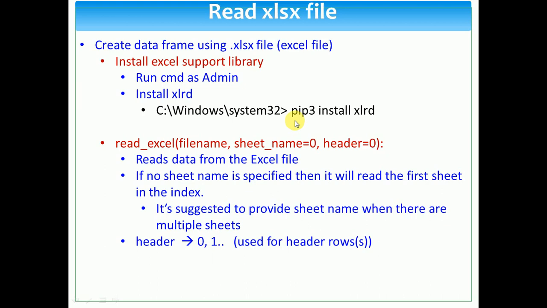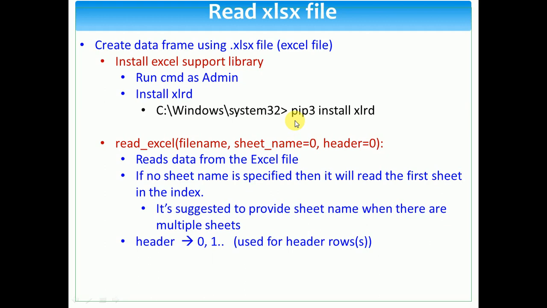So it is suggested that you provide the sheet name, because an xlsx file may have multiple worksheets. Typically a CSV file has only one worksheet. However, an XLSX file may have multiple worksheets, so you need to specify from which sheet you want to read.